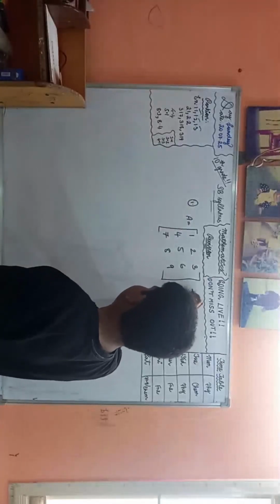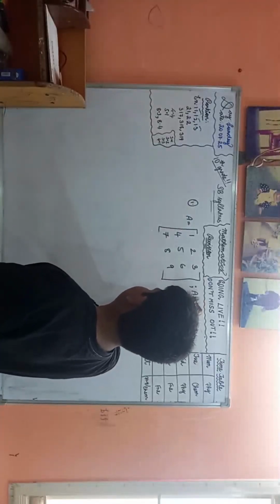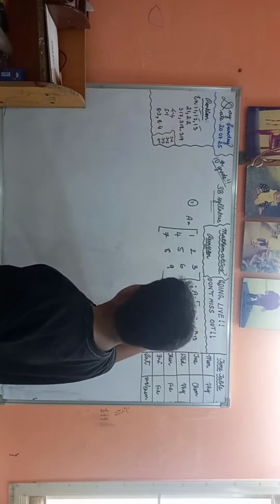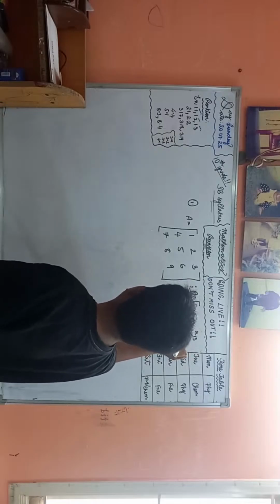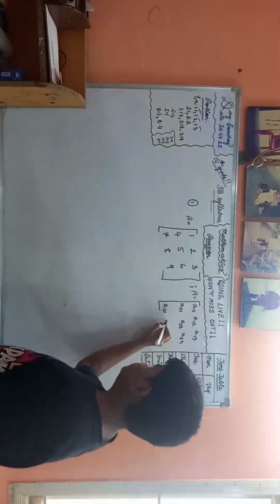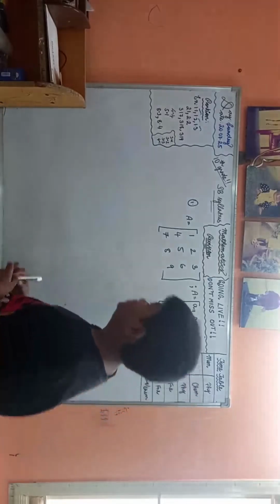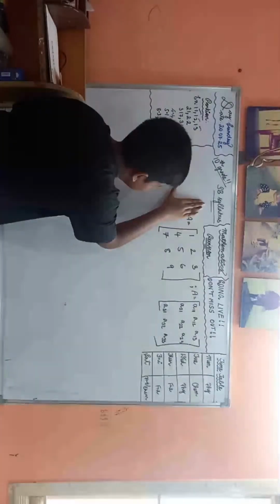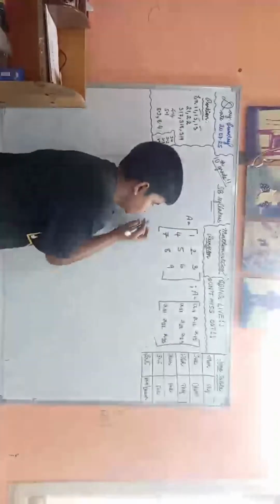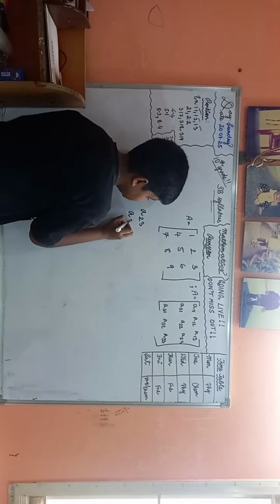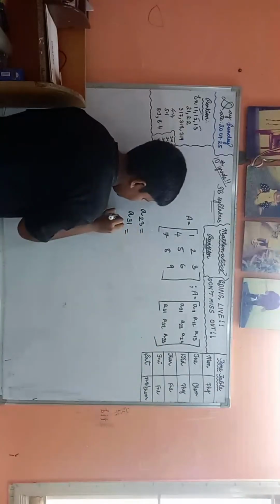The same thing, but A is equal to A11, A12, A13, A21, A22, A23, A31, A32, A33. Guys, this is just an example. I've got to teach you how to know the position of each number in the matrix. So guys, tell me the position of A23, A31, A12.